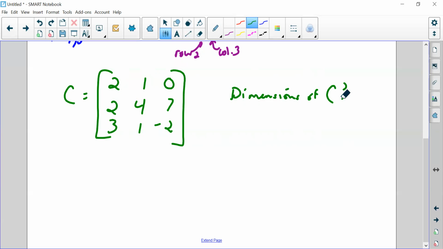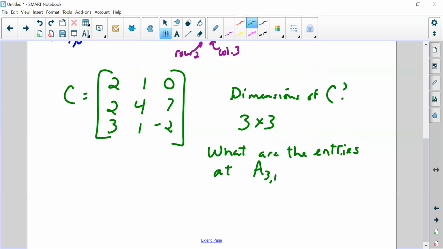We have 1, 2, 3 rows, 1, 2, 3 columns. So it's a 3 by 3. What are the entries, or elements, whichever way, sometimes they'll write elements.